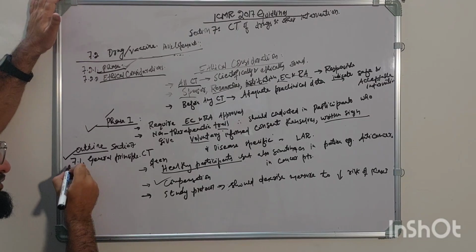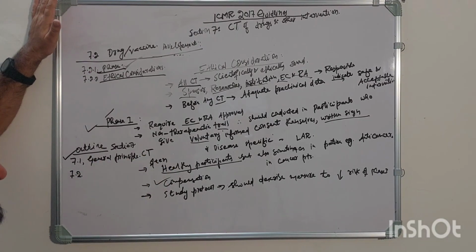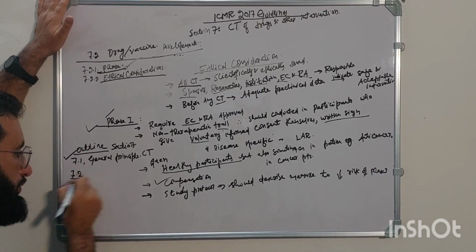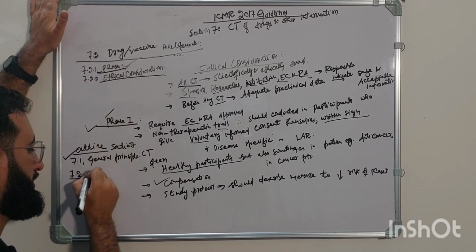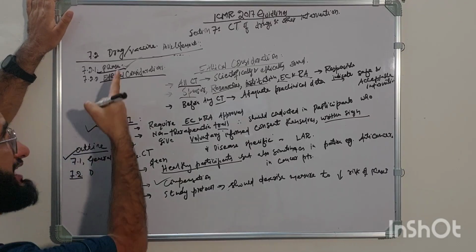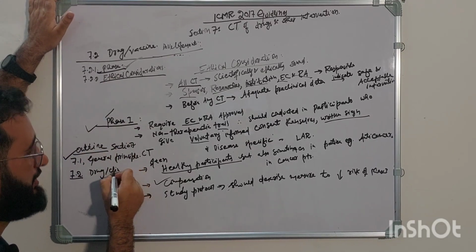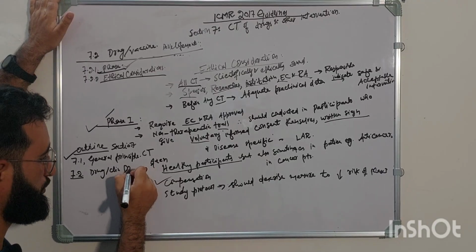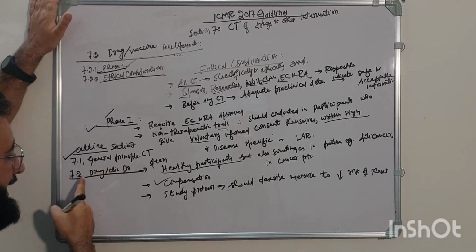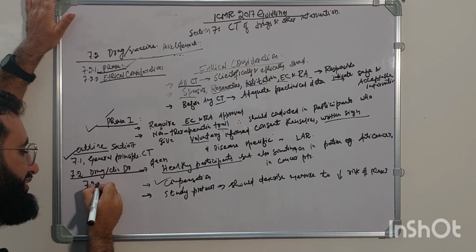In the first part they have given the general principles for carrying out a clinical trial. The second part, 7.2, discusses specific interventions. The first intervention, which I mentioned, is drug and clinical drug development.